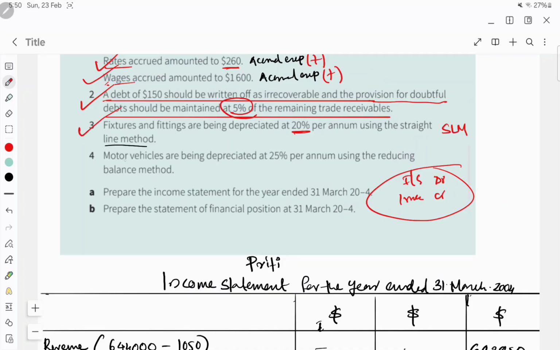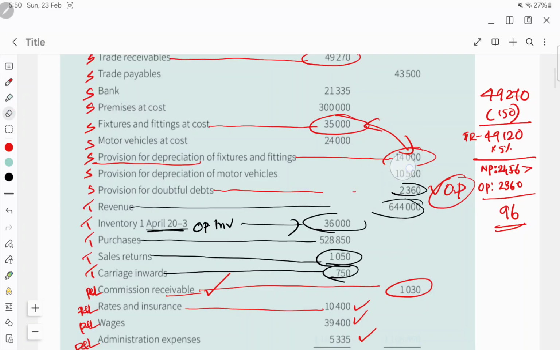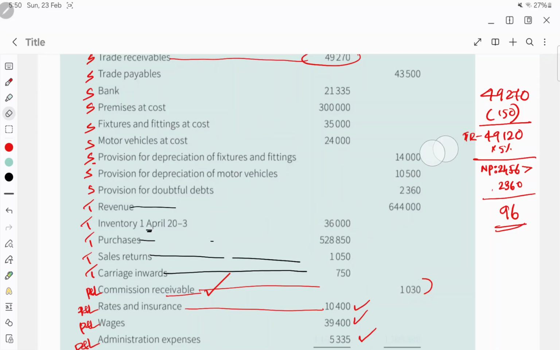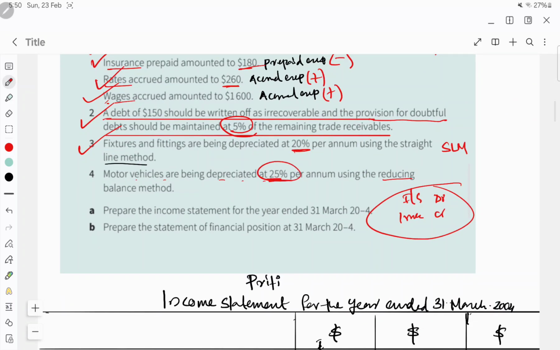Motor vehicles are depreciated at 25% using the reducing balance method. If it is the reducing balance method, the depreciation calculated till now, the provision for depreciation, should be deducted. The provision for depreciation of motor vehicle is 10,500. Motor vehicle at cost is 24,000. So 24,000 minus 10,500, then find the percentage, which is 25%.